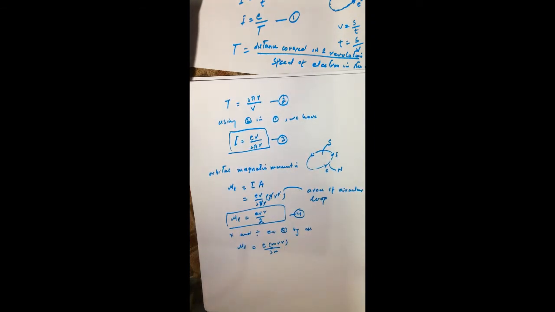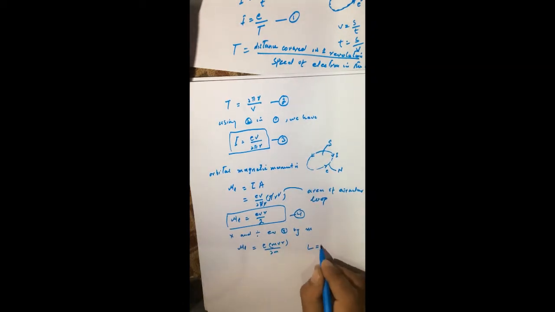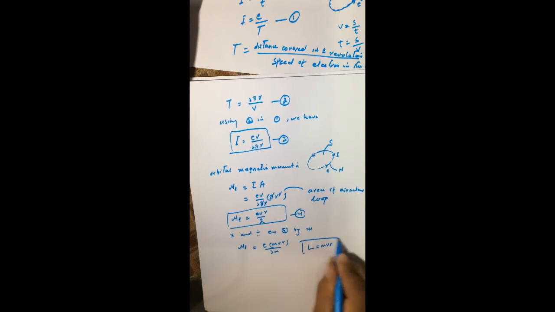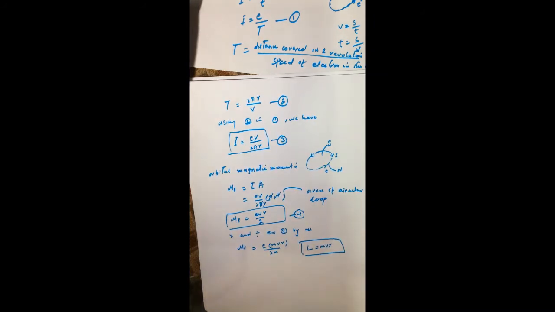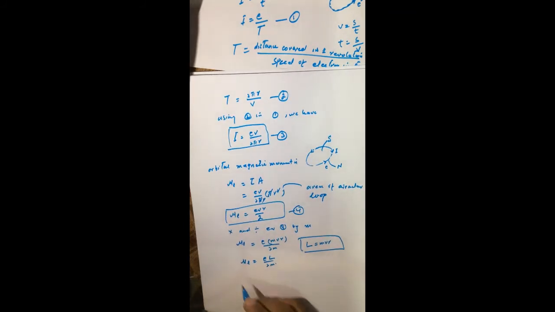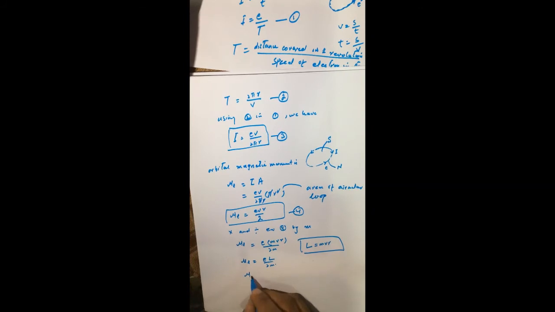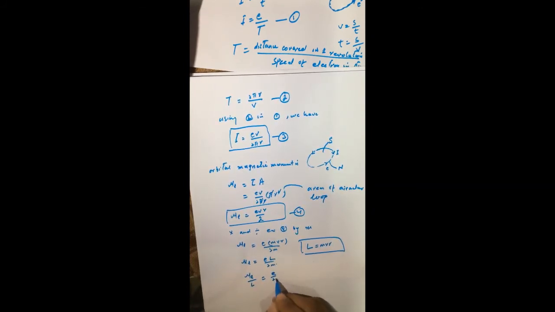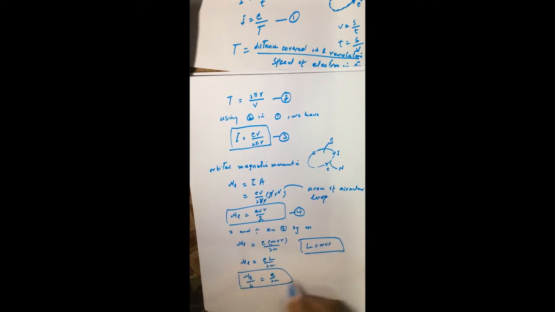And we know that the angular momentum is equal to m v r from Bohr theory. So if I use this value here, we have the mu L value, which is equal to e L divided by 2m. We can write the magnetic moment divided by angular momentum is equal to e divided by 2m. Let's say this is equation number 5.